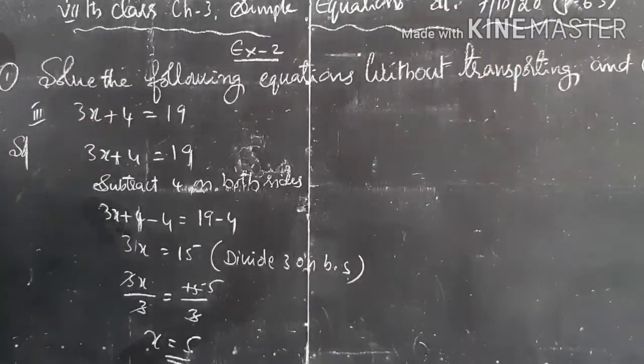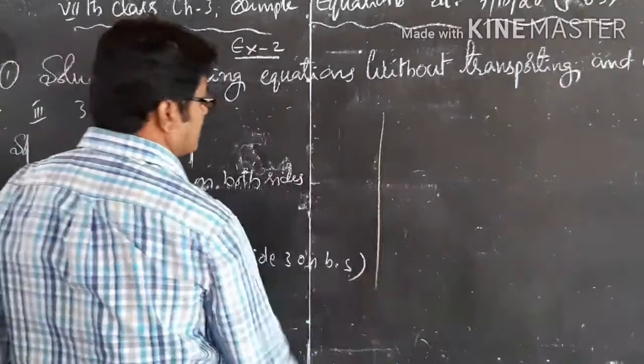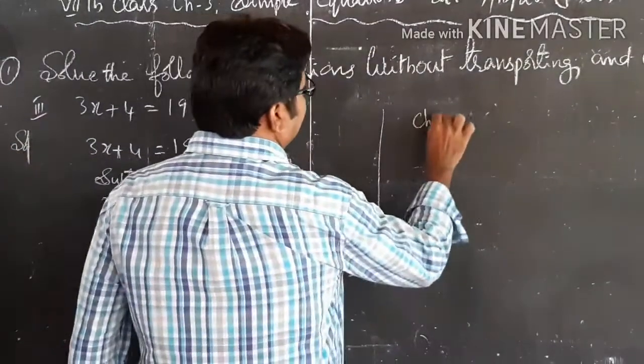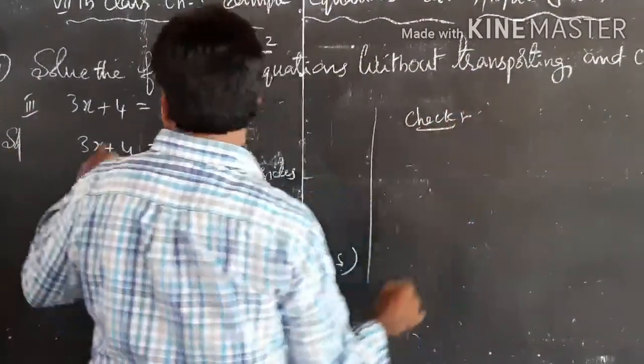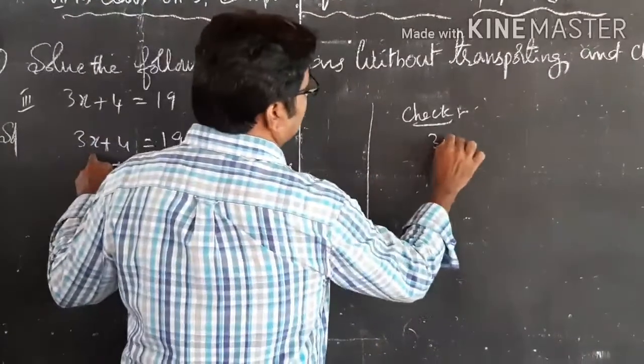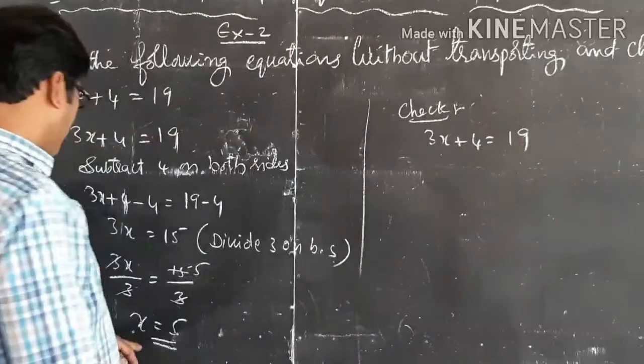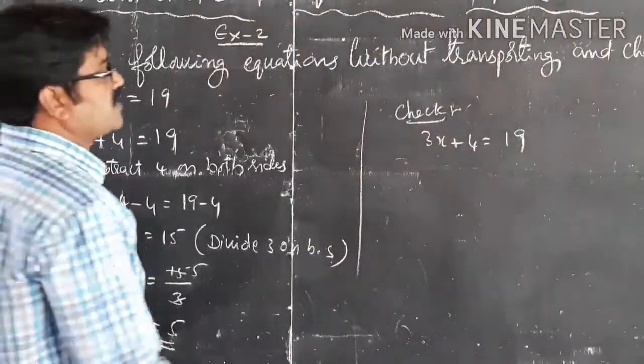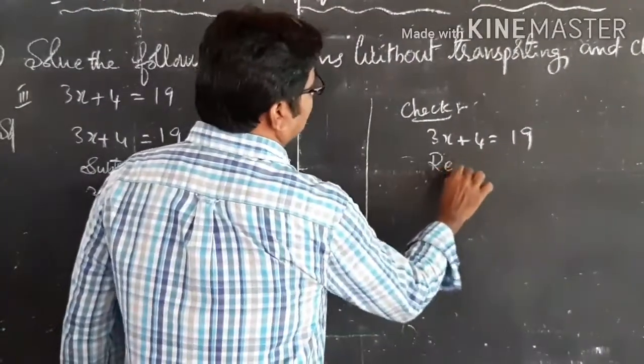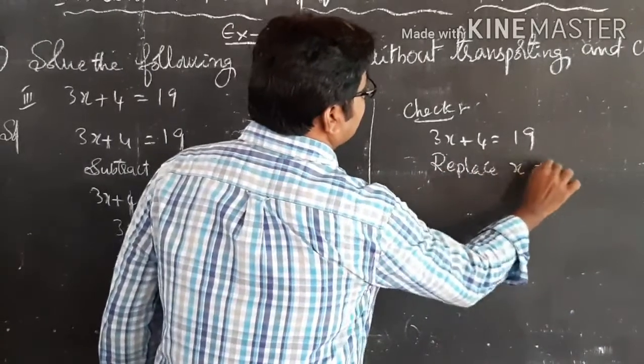Then check the result. Check or verify. What is given? 3x plus 4 is equal to 19. Replace x with 5.